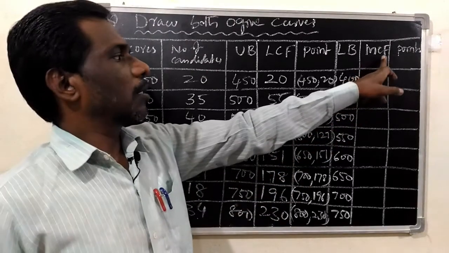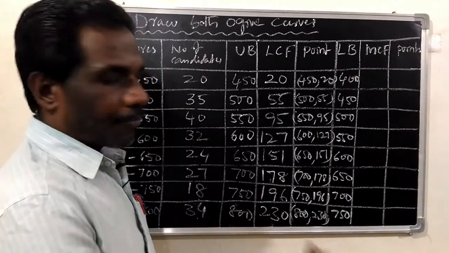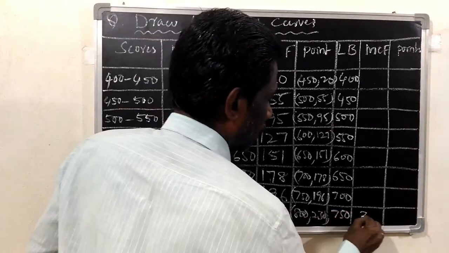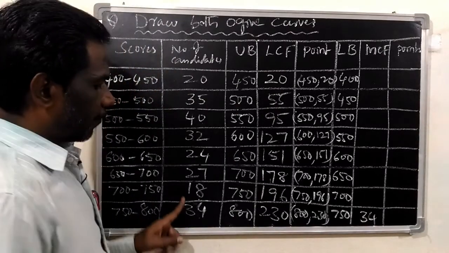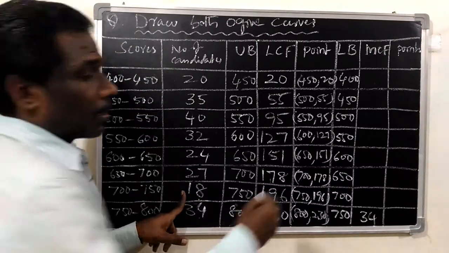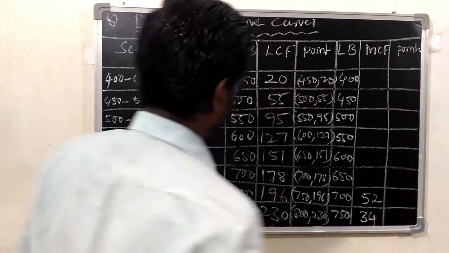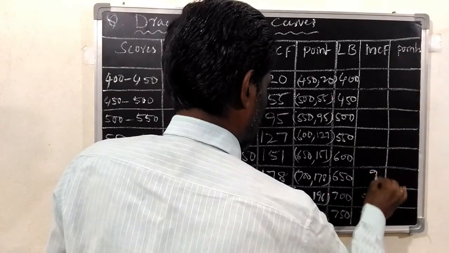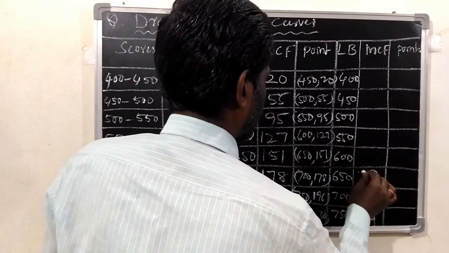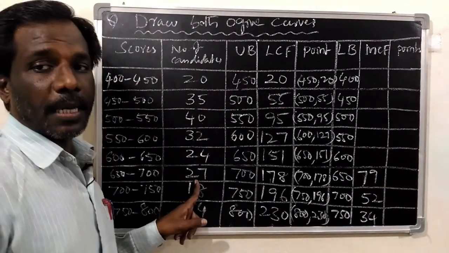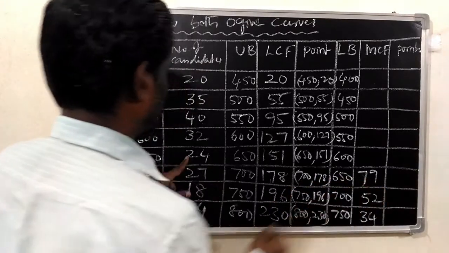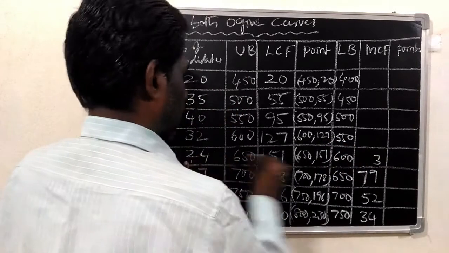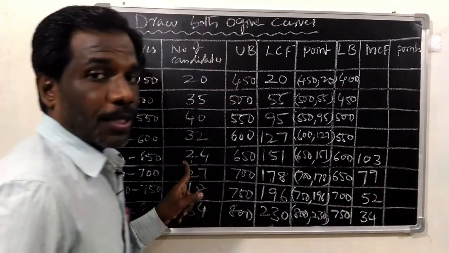And for the more than cumulative frequency, we have to add from down to up. So the first frequency value is 34. 34 plus 18 is 52. 52 plus 27 is 79. 79 plus 24 is 103.